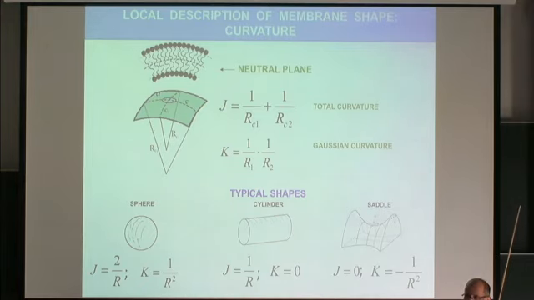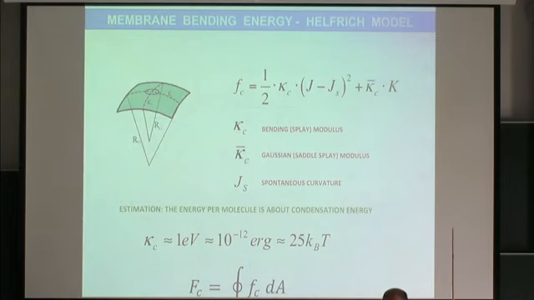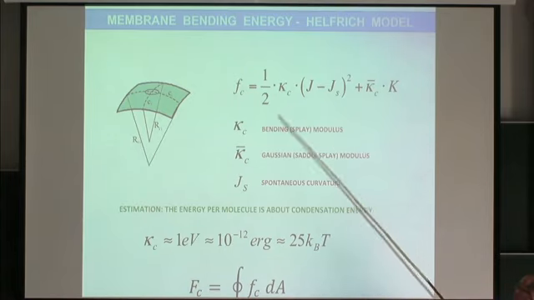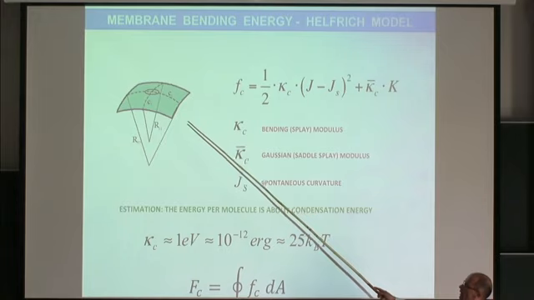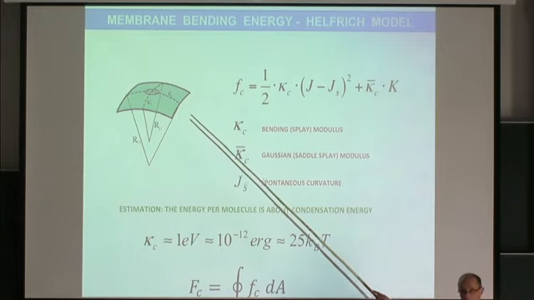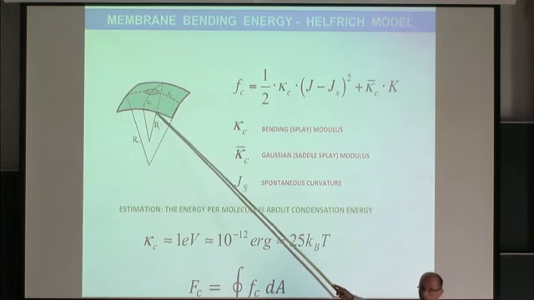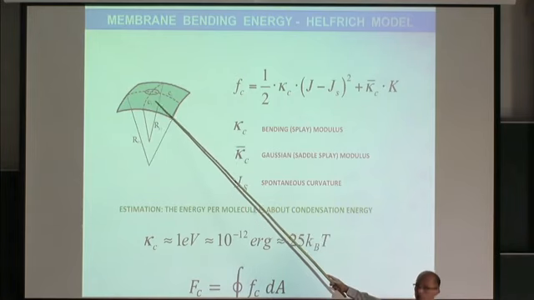Right? I don't have to go into this detail. It was very nicely presented in the second lecture this morning, so I will skip it. And very shortly, the Helfrich model, which was also already mentioned in full detail, gives us the possibility to compute energy related to membrane curvature locally at each point of the membrane.